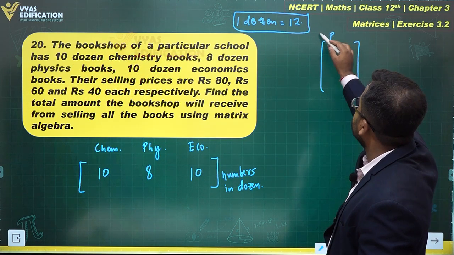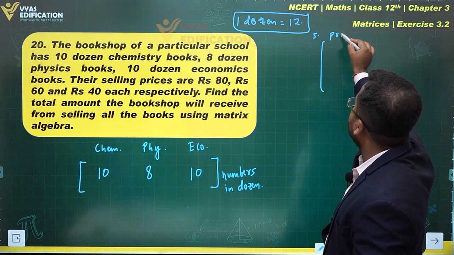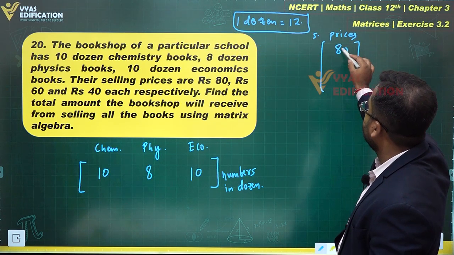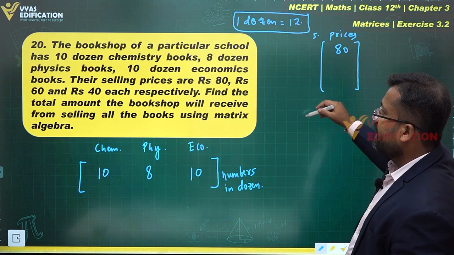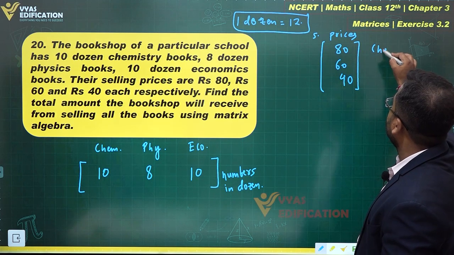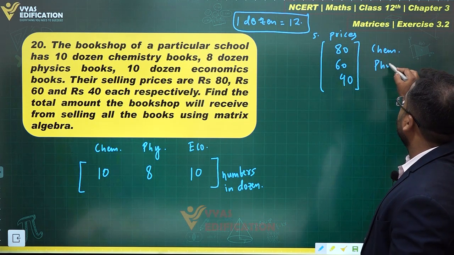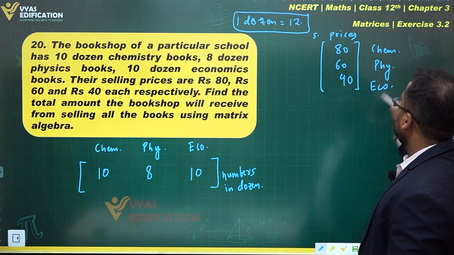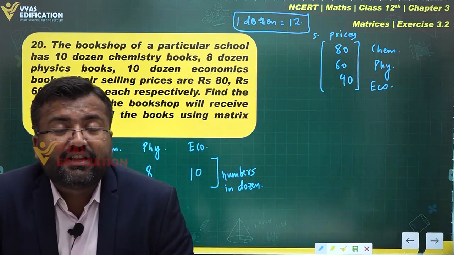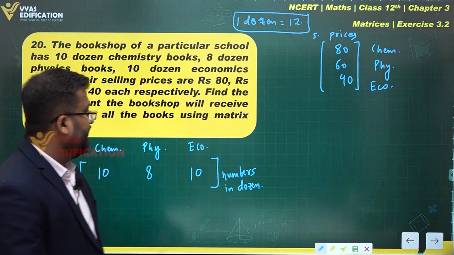These are selling prices: 80 for the chemistry book, 60 for the physics book and 40 for the economics book. So these are two matrices representing the number of books and the corresponding selling price of each book.